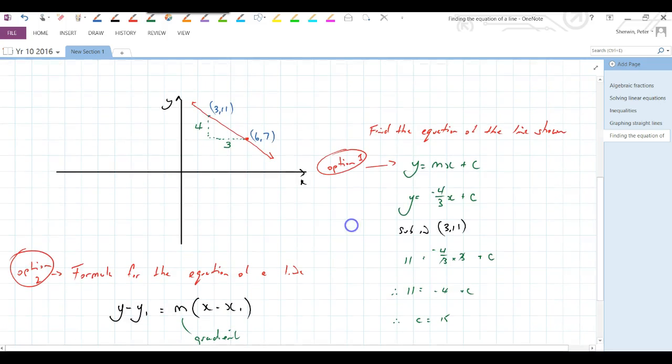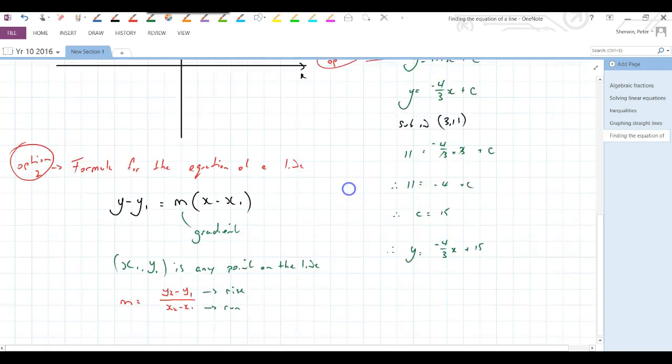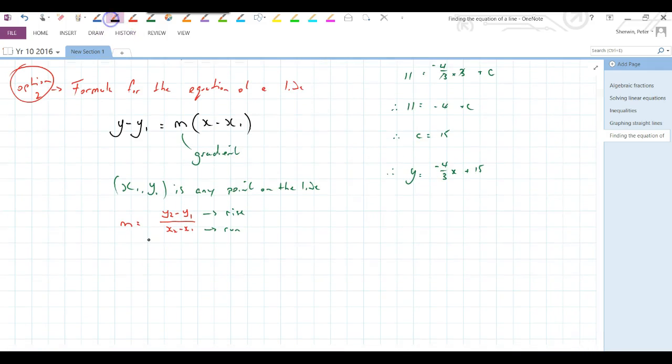So if we use it on these 2 points here, (3, 11) and (6, 7), if we label these x1, y1, x2, y2, m is equal to y2 minus y1, so it's 7 minus 11, going in the same direction, 6 minus 3, rise over run. That's going to equal minus 4 over 3, so it's minus 4/3.